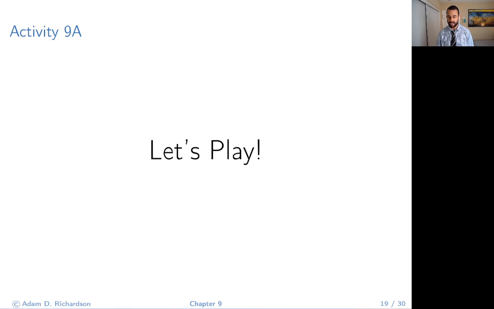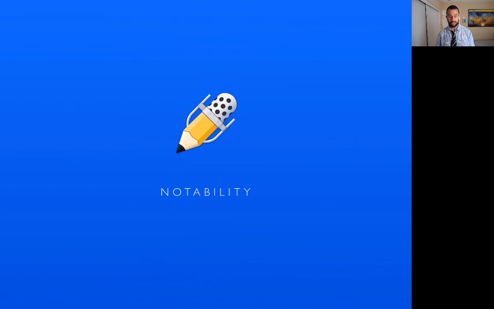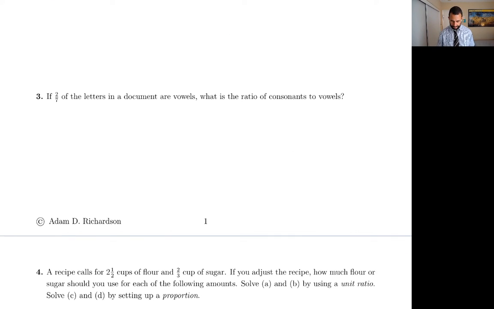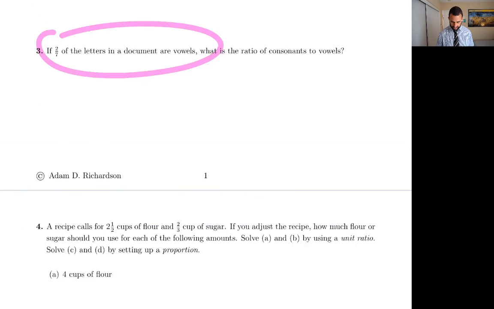All right, so let's take a look at activity 9A, and you're going to be doing stuff very similar to what we just talked about. Oops, that's the wrong one. We'll come to that in the next lecture. Here we go. You're basically just looking for ratios. What's the ratio of vowels to all letters in a document? 2/7 of these letters are vowels. What's the ratio of consonants to vowels?